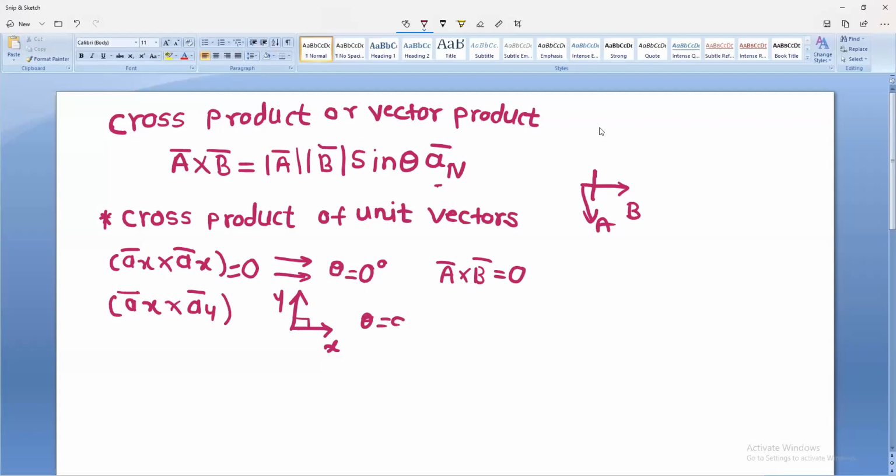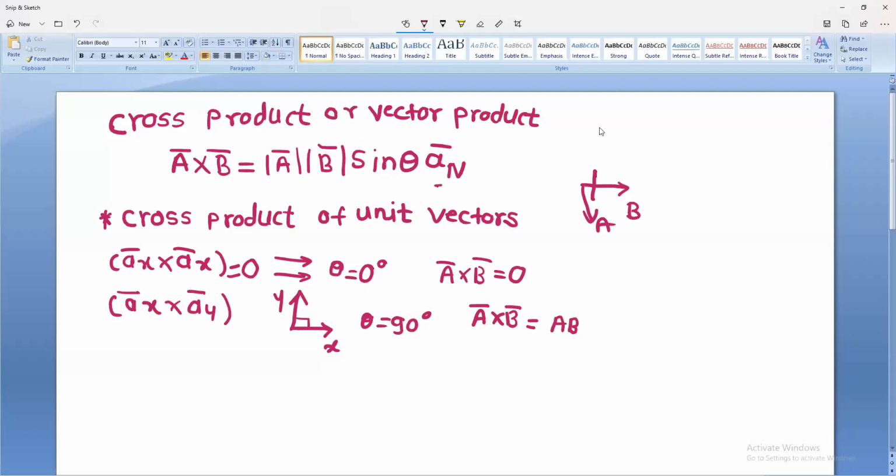If theta is equal to 90 degree, then A bar cross B bar is equal to magnitudes of vectors A bar and B bar, that is A and B, and this sine 90 is equal to 1.